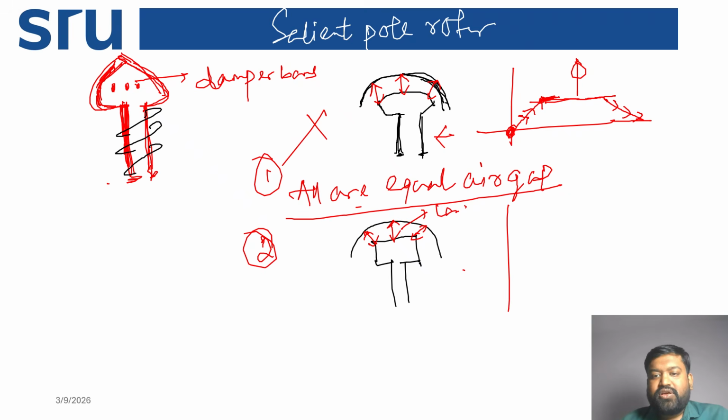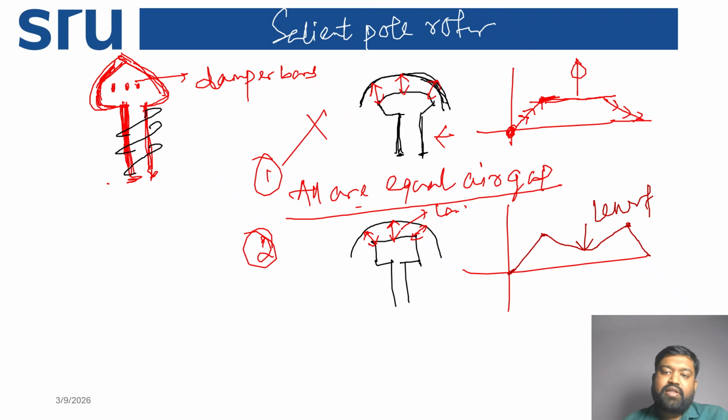That means in this condition, initially it will take some time to build up the flux. Due to the larger air gap, the flux value will decrease, and again it will come like this. And here you are getting a lesser flux.